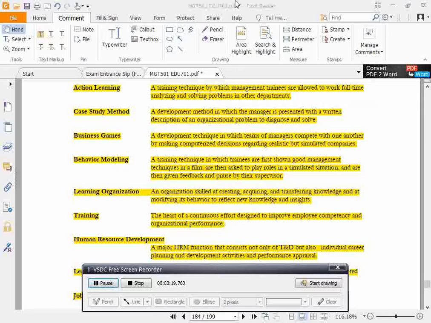Behavior modeling: a training technique in which the trainees are first shown good management techniques in film, are then asked to play roles in a simulated situation and are then given feedback and praise by their supervisor.